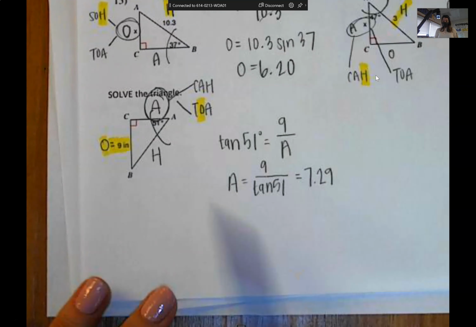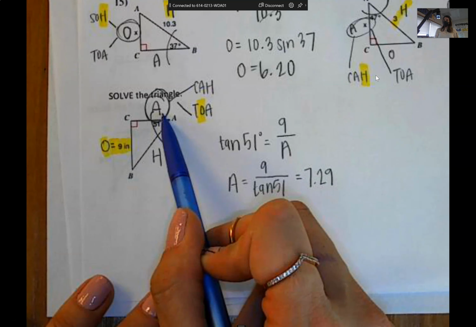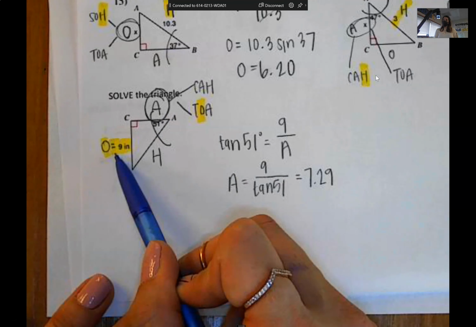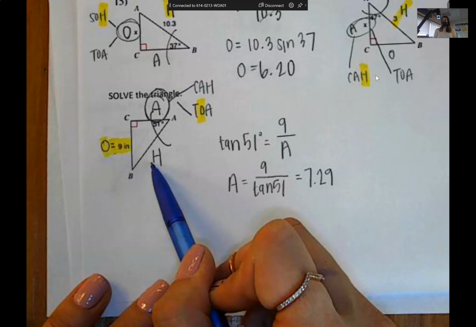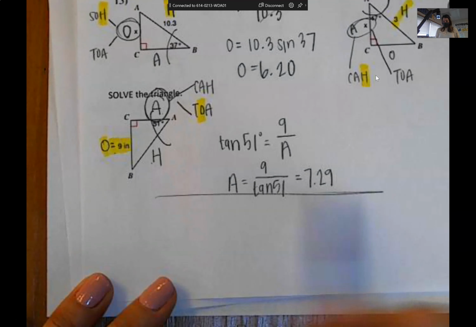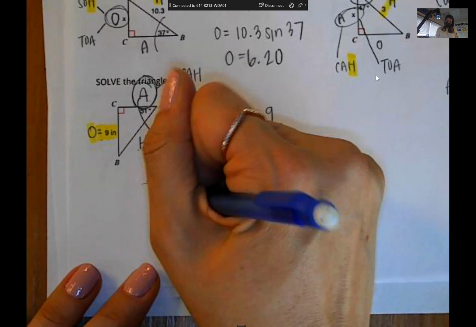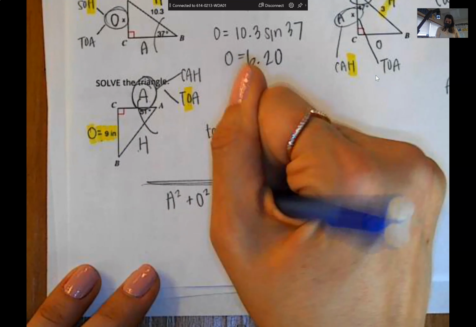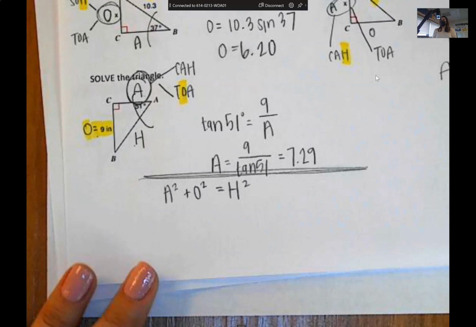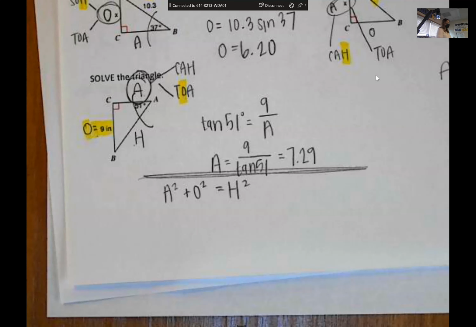Okay, so now we know A, we know O, so that means we have to find H. Well, what we're going to use to do that is A squared plus O squared equals H squared. I'm not going to do another trig ratio.